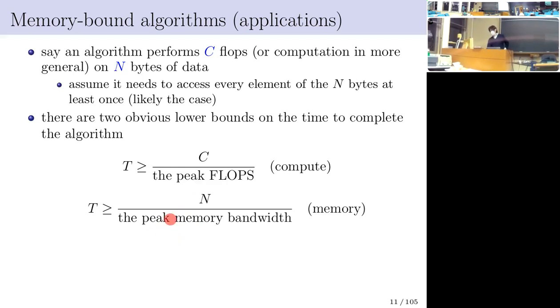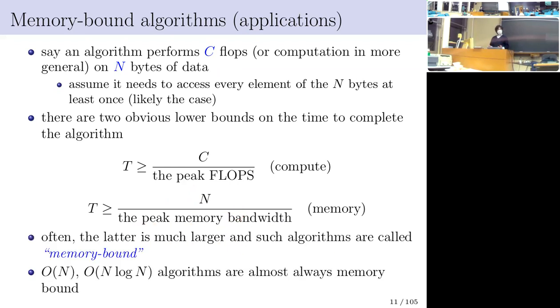If the maximum bandwidth between the main memory and the CPU is a certain number, then the algorithm's execution time is clearly lower bounded by this number. You need to move n bytes from the main memory to the CPU at least once, and the CPU can move data from the main memory only so fast. So you clearly have two different lower bounds.